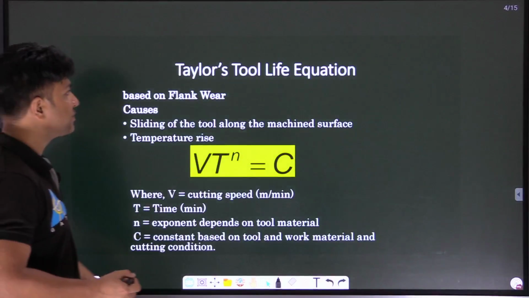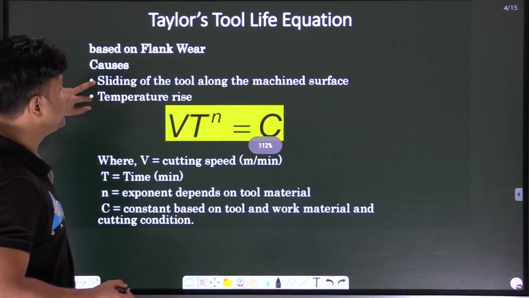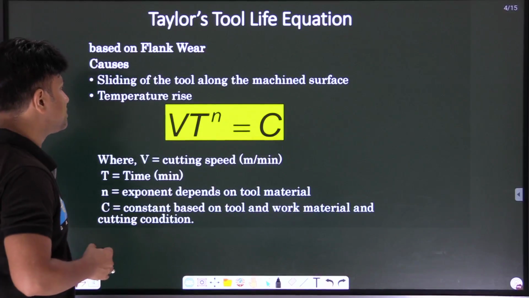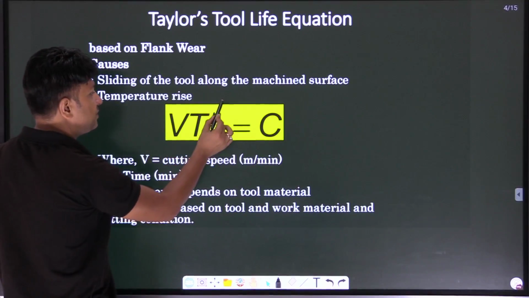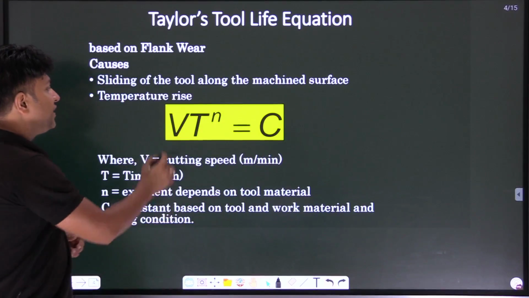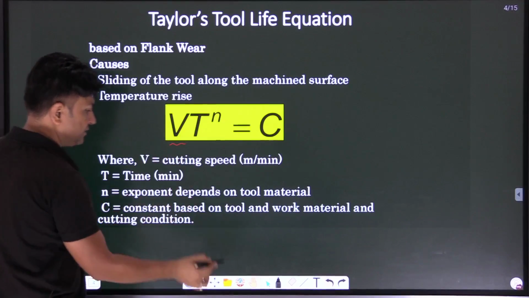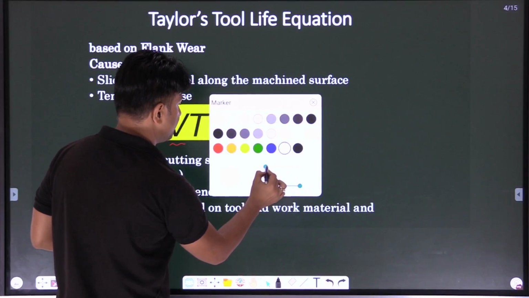So the expression to calculate the tool life is given by Taylor: V T to the power N equal to C. Where V is the cutting velocity.